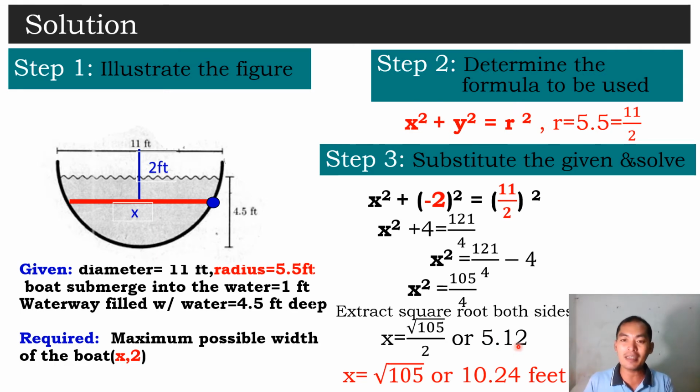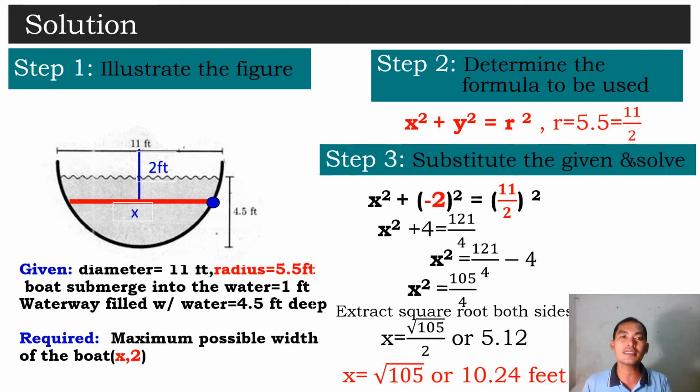You just multiply it by 2 and that's 10.24 feet. Your answer here should be less than the diameter of the semicircular waterway. Because if your answer is greater than the diameter, your solution is not correct.